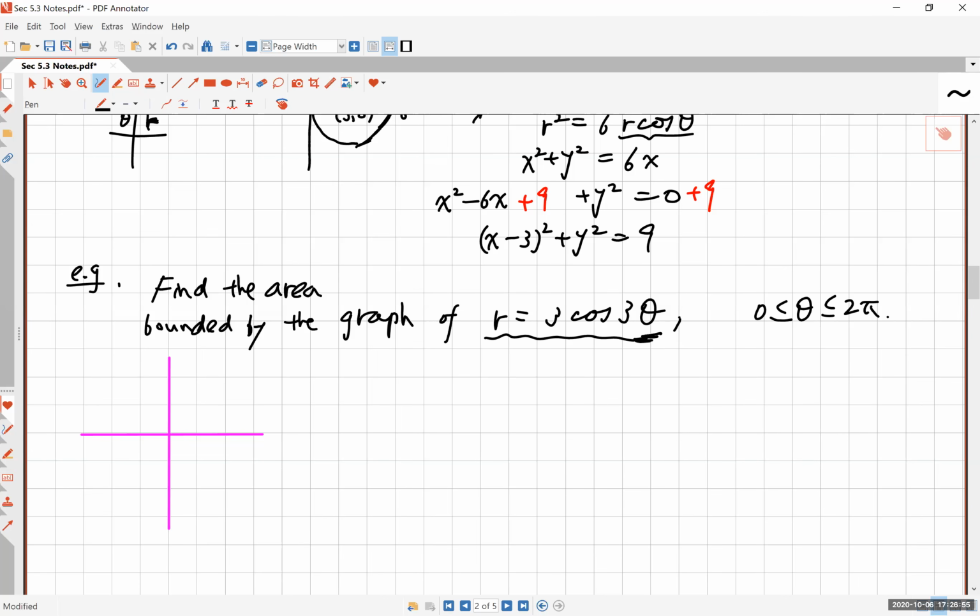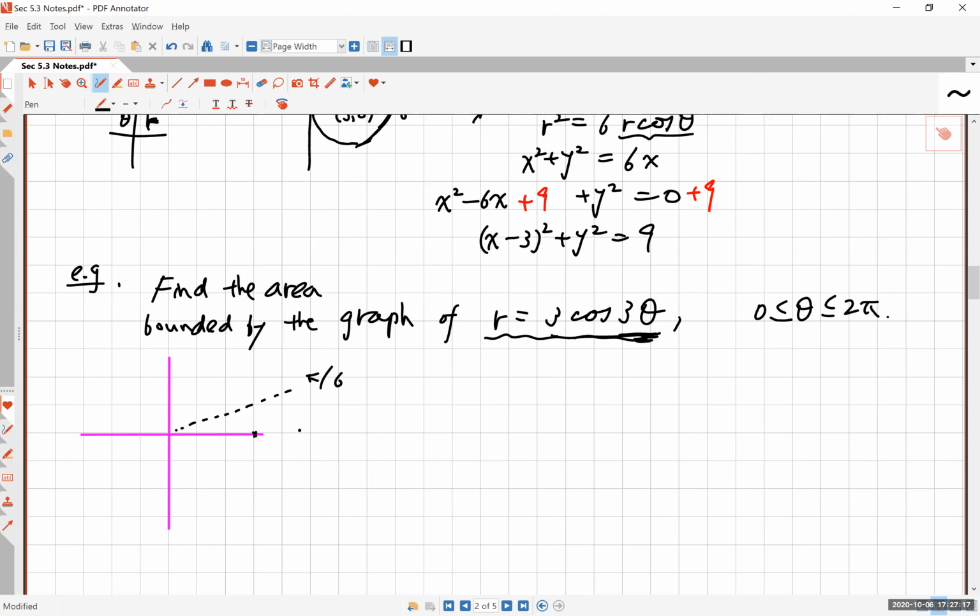So when theta is 0, cosine of 0 is 1 multiplied by 3, so that's 3, it starts here. And let's see what happens when theta is pi over 6. Then 3 theta is already pi over 2, and cosine of pi over 2 is 0.